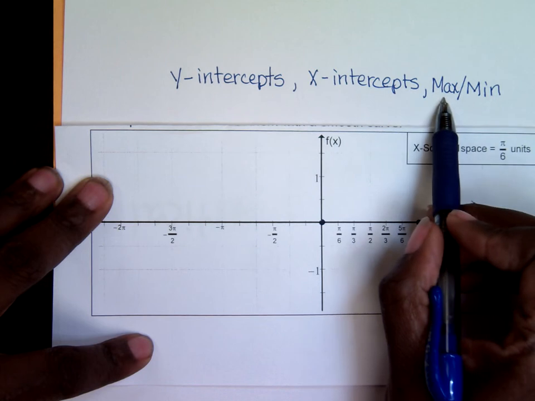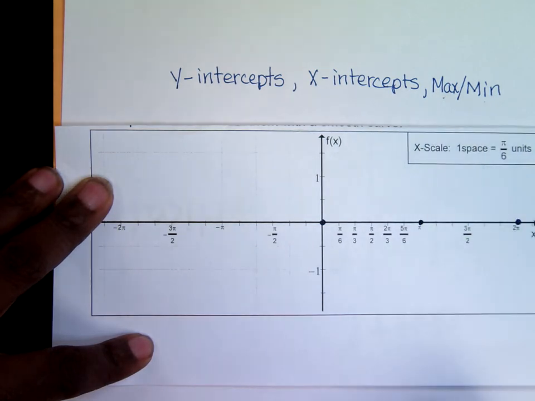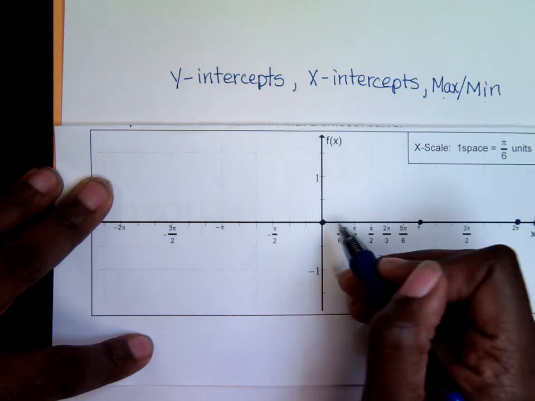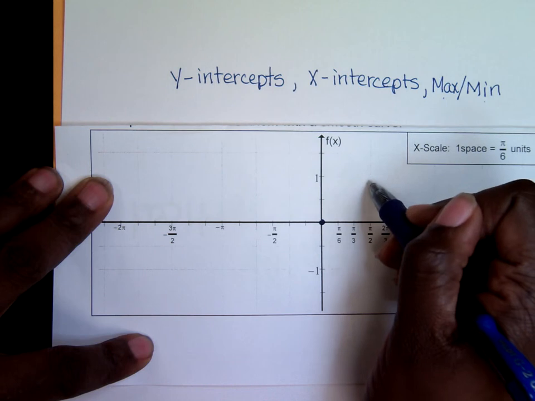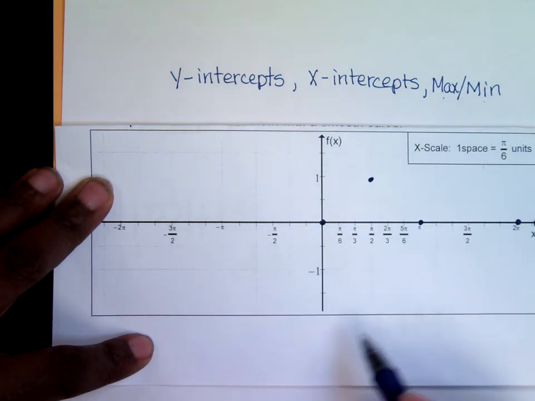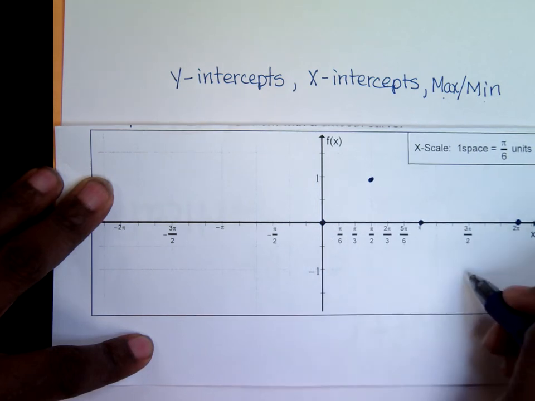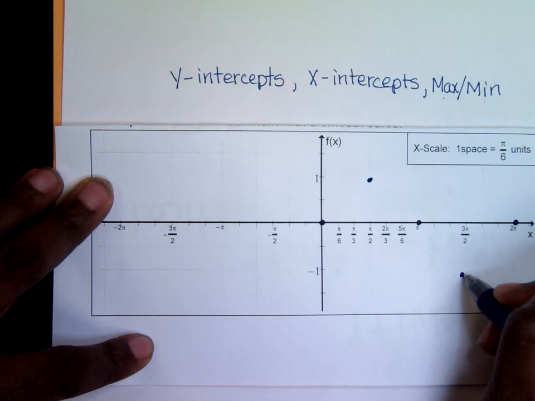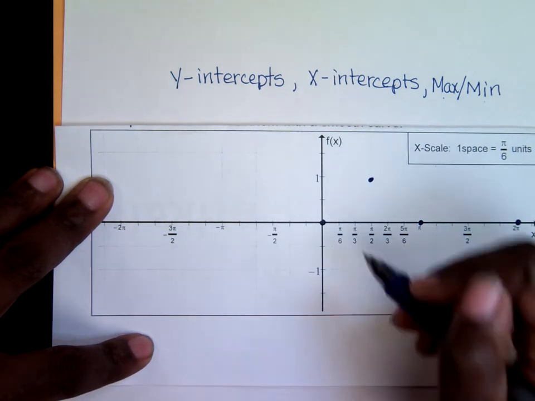Then you go to the maximums and minimums of the graph. The maximum of the sine curve is pi over 2, 1. The minimum of the sine curve is 3 pi over 2, negative 1. And then all you do is connect the dots.